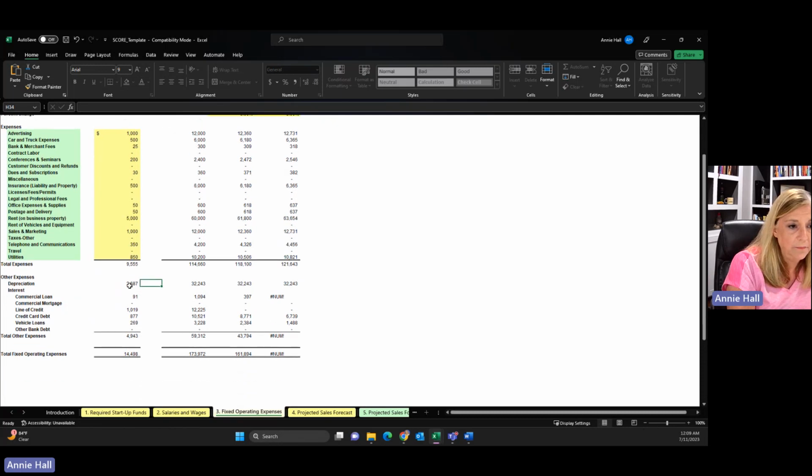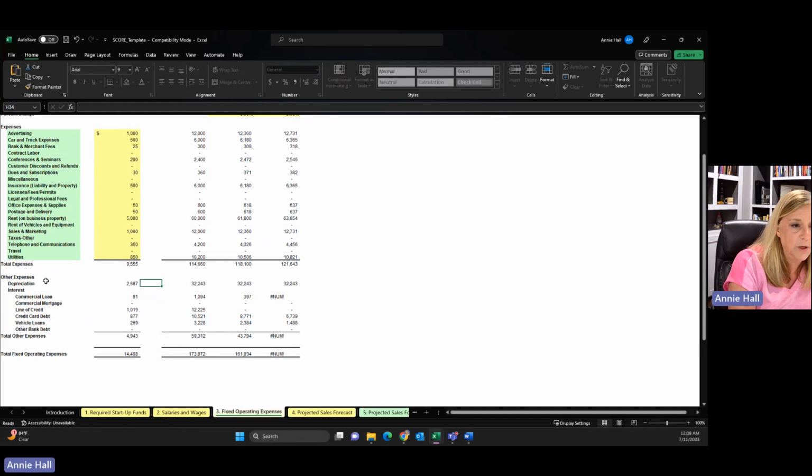Now down here, it has already calculated our depreciation and our interest. And it's assuming that we have a line of credit with the bank, our credit card debt and our vehicle loans. So it's making some assumptions based off of things that we have already calculated. We're going to be expensing depreciation, but this is not a cash expense.